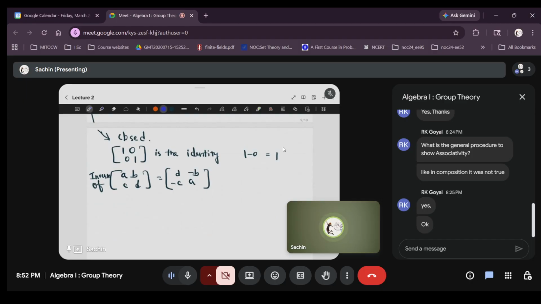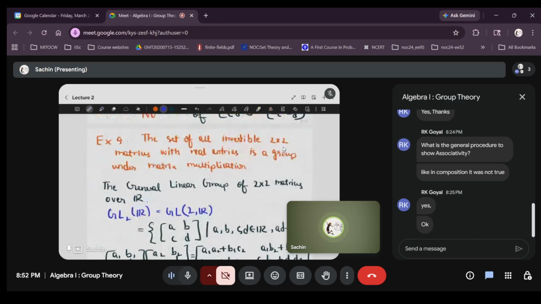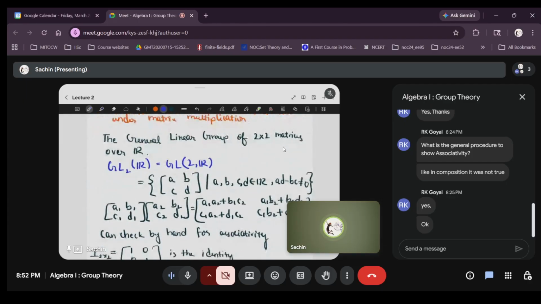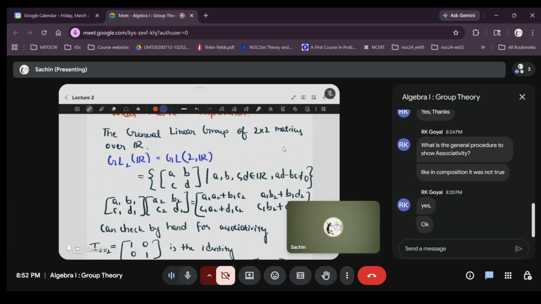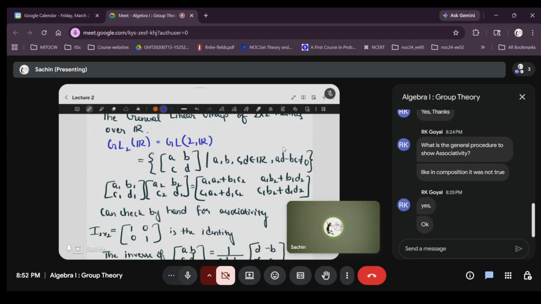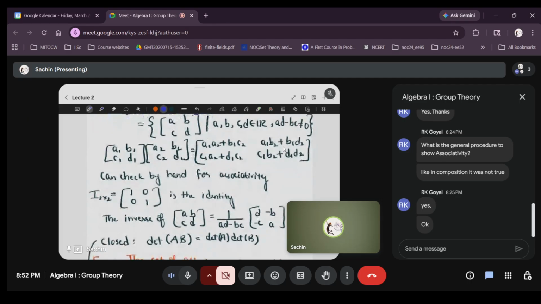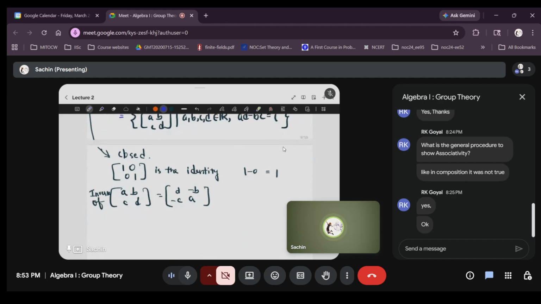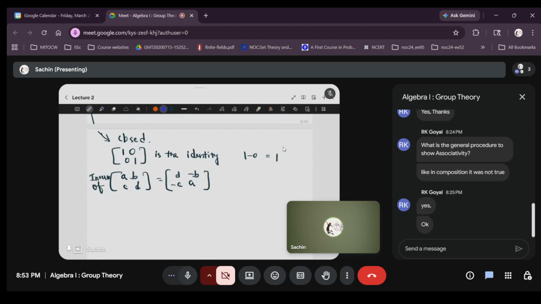So in that case, it will simply be called the general or special linear group of n by n matrices over R. So the 2 will be replaced by n everywhere, and here the AD minus BC will be replaced by the determinant of the matrix.